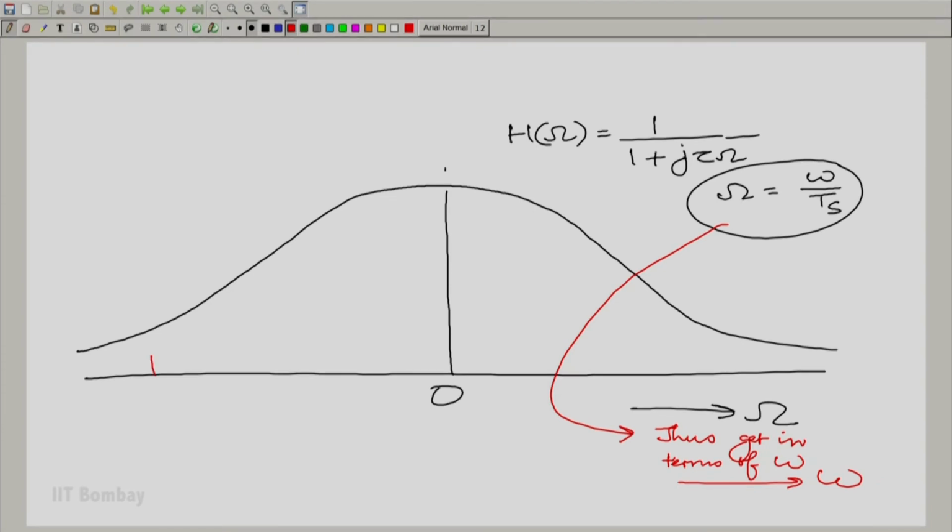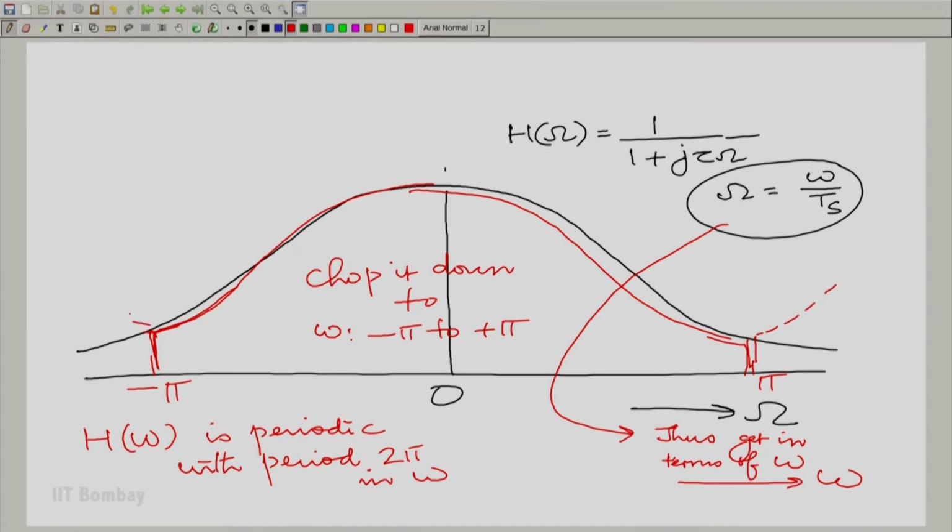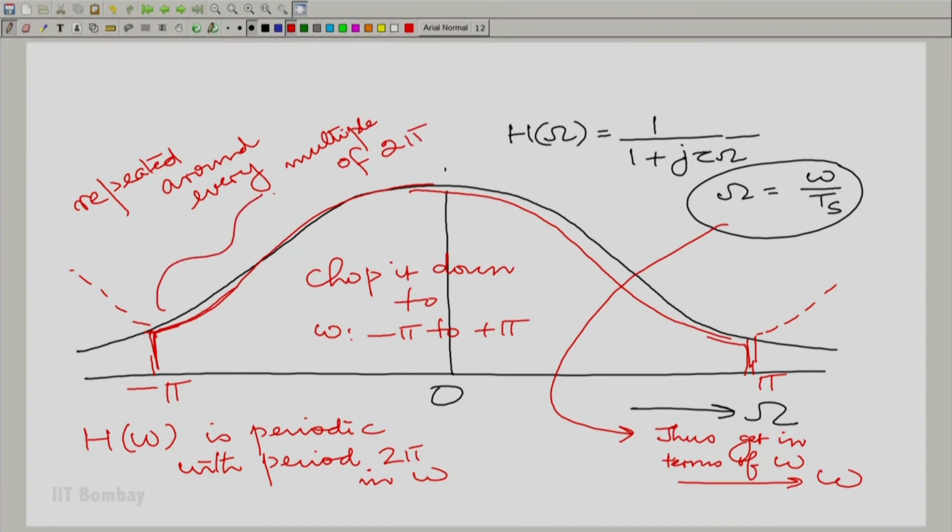Now, restrict this to omega from minus pi to pi, that means chop it, and then of course capital H of small omega is periodic in omega. So, you should think of this being repeated around every multiple of 2 pi. All this business will have to be repeated around every multiple of 2 pi. So, this would be the corresponding discrete time system.